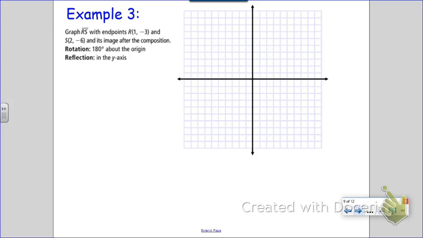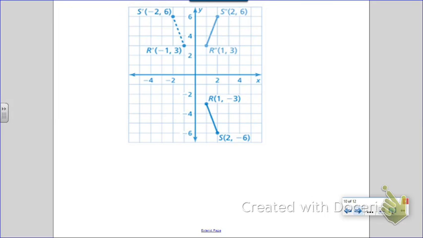Graph RS and its image after 180 degrees and then reflection in the y-axis. So here's what that will look like. Here's our original image. Our first one was a 180 degree rotation.